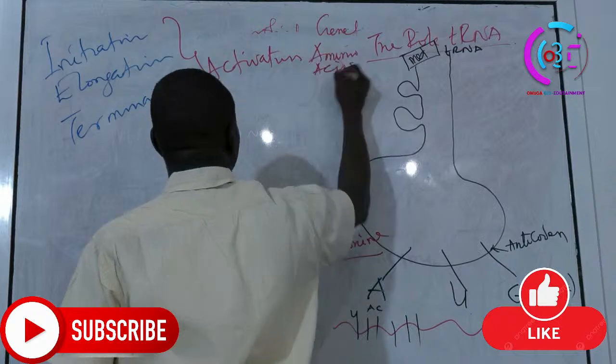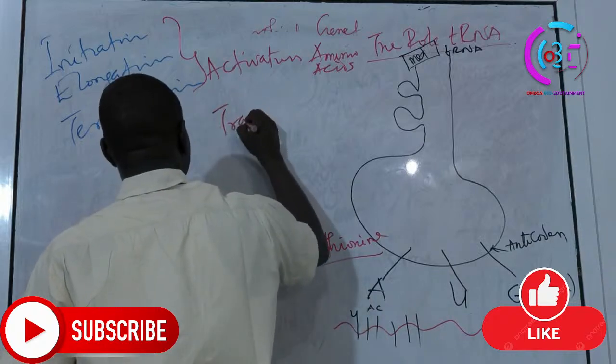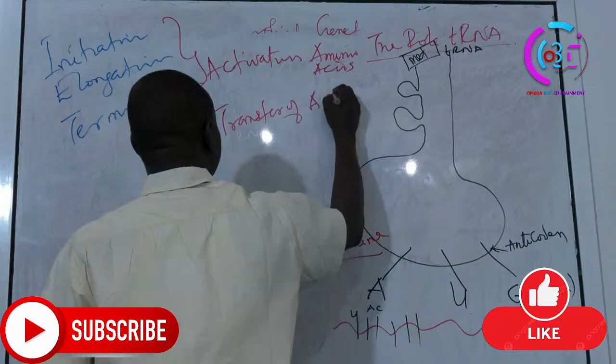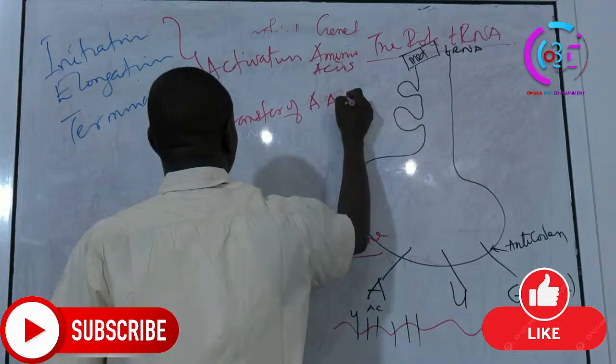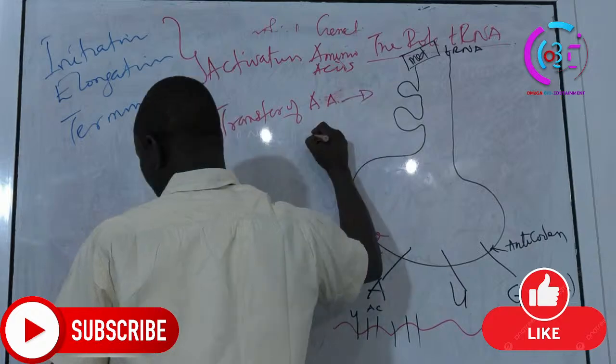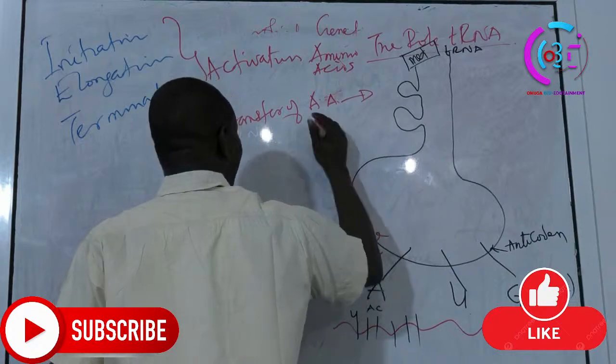Then the second one is the transfer of the amino acid to where? To transfer RNA.